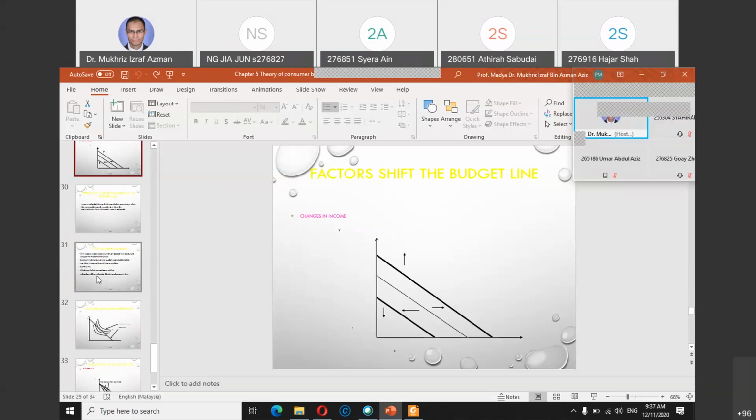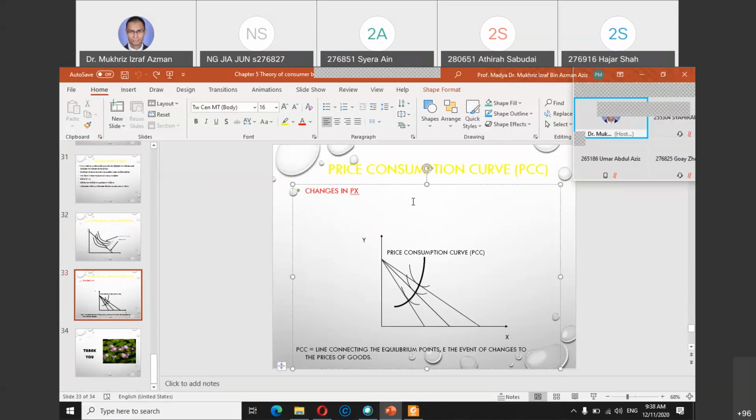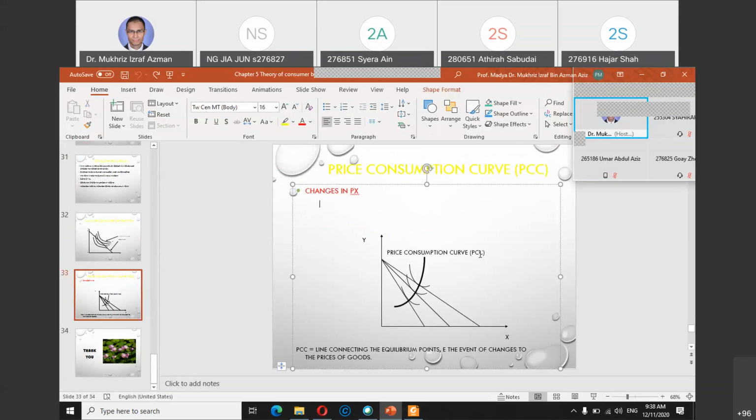What you see here is the price consumption curve, and note the word price here, it's not income. There is another graph that we call the income consumption curve. But the price consumption curve is when you draw different budget lines.